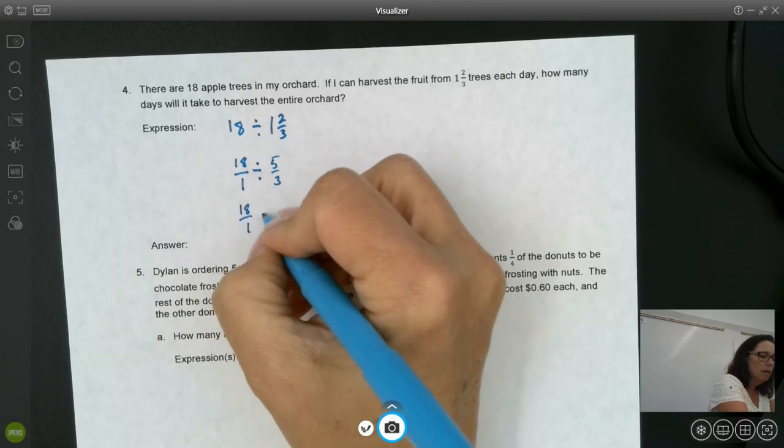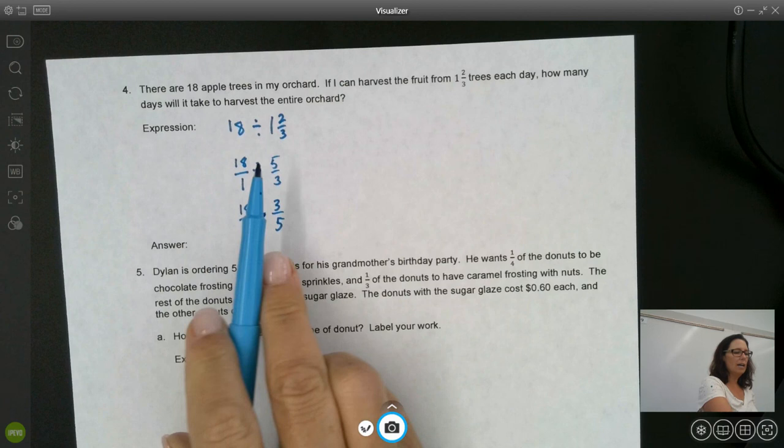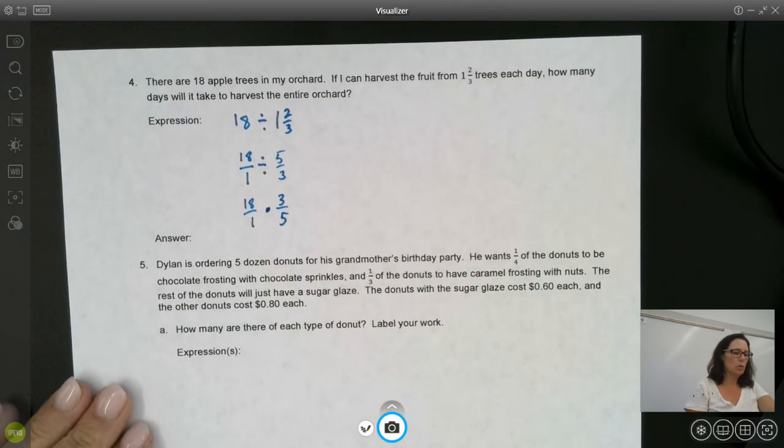Keep, change, flip. Whenever we divide with fractions, we multiply by the reciprocal. 18 and 5 unfortunately doesn't reduce at all.